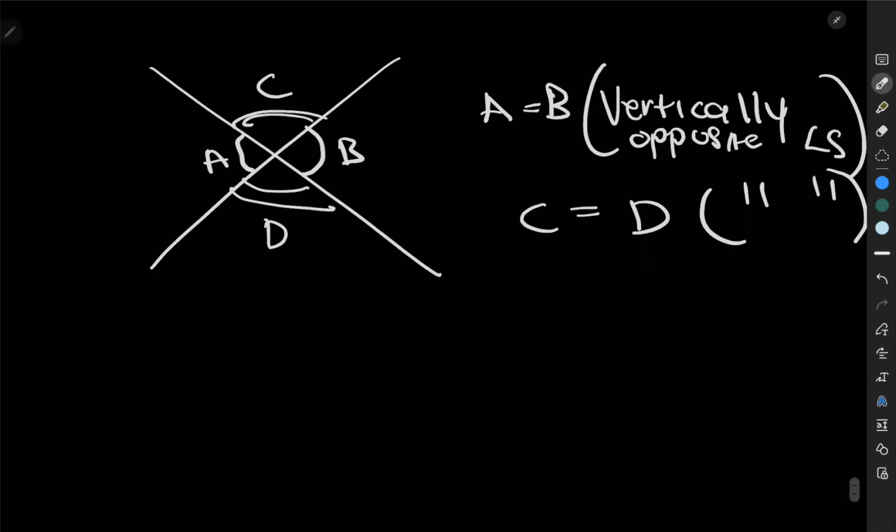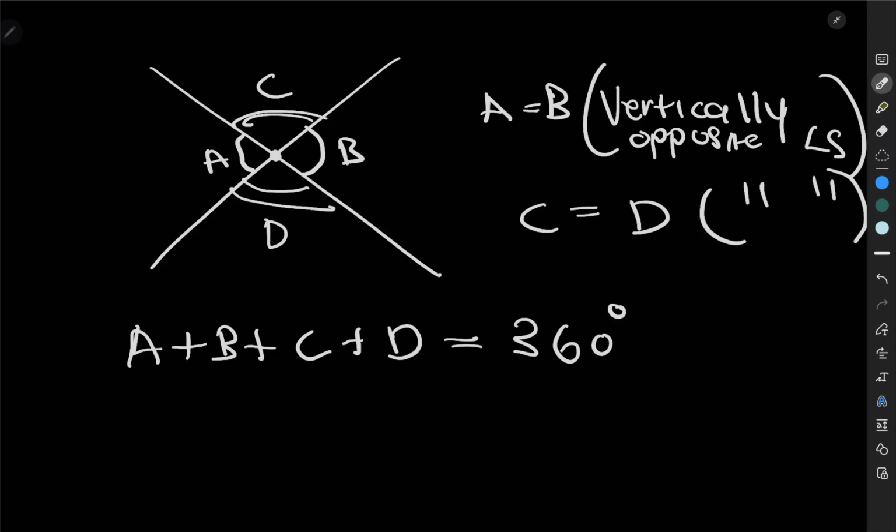But that's not the only thing that we need to deduce about this line, okay? So if you pay attention, all these angles start at the point, and this point is obviously the point at the center. So another concept that we need to know with this is that if we add A plus B plus C plus D, it will give us 360 degrees.